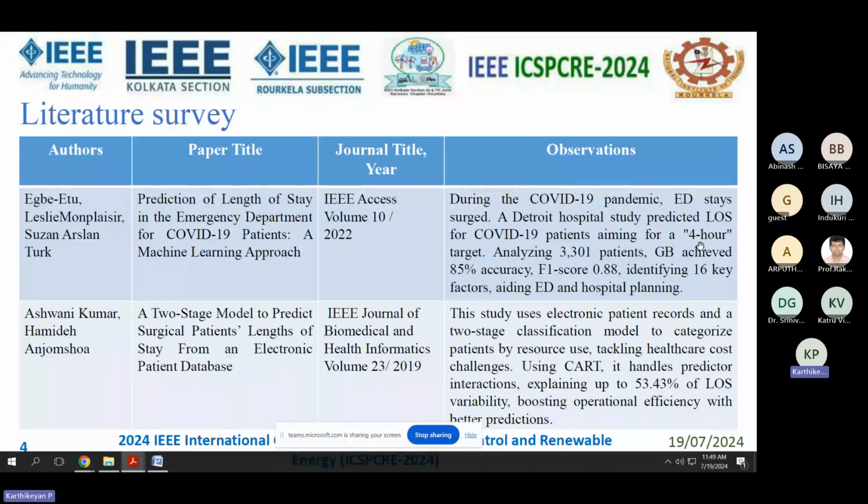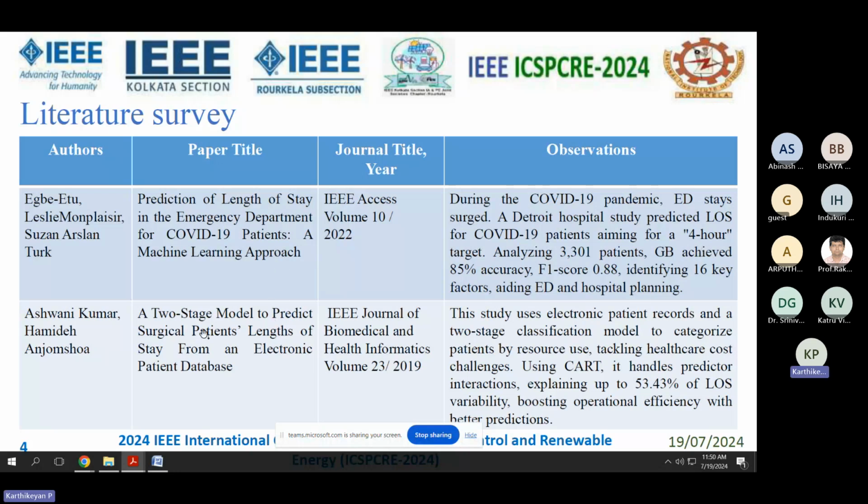Based on the medical parameters, if the patient is likely to stay greater than 4 hours, we need to admit that patient to hospital. Otherwise, we can suggest general medicine and discharge. This is the main point, a threshold based on 4 hours.